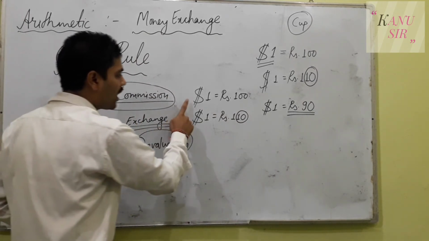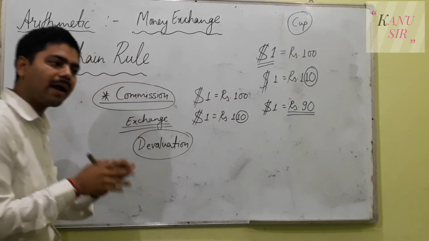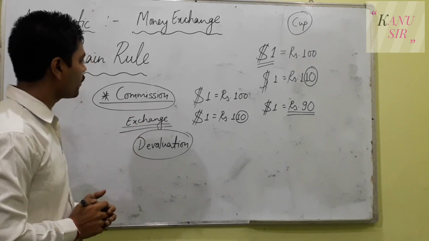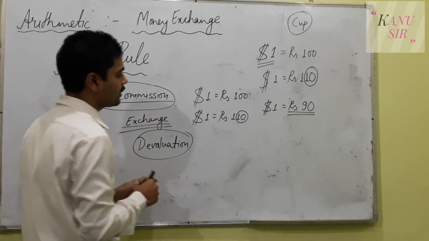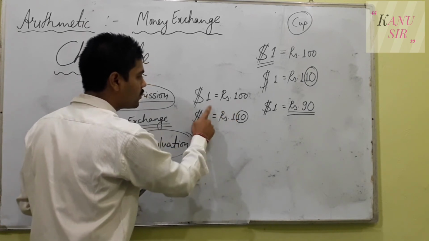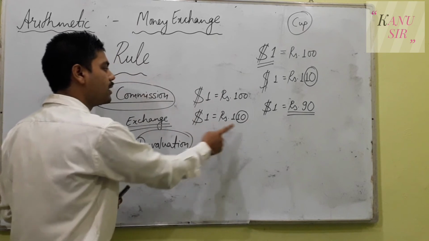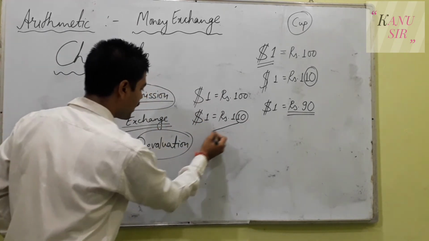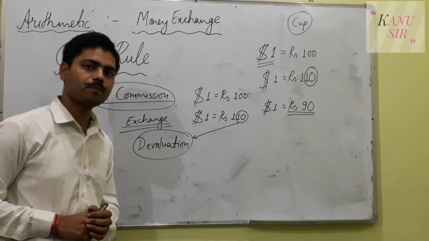So to get $1, you have to pay 100 rupees by the exchange rates. But when you go to a commission person, when he takes commission while exchanging the currencies, then rather than 100 rupees, you have to pay 10 rupees extra to that person, so that you can get $1 from him. So that is called commission, and it is somewhat related to devaluation.